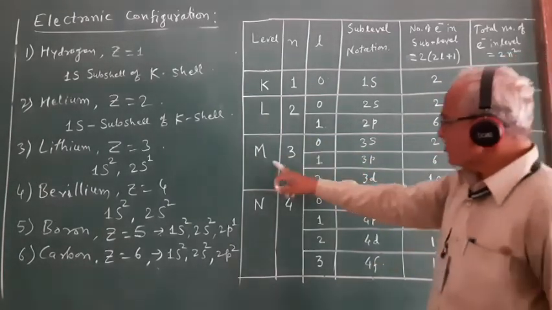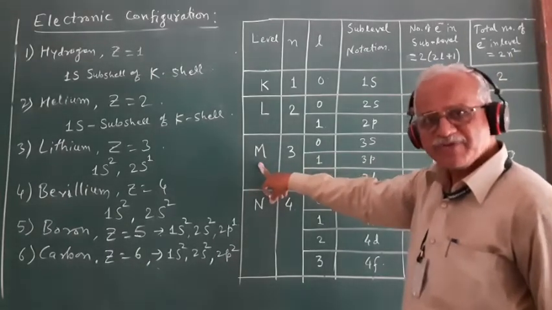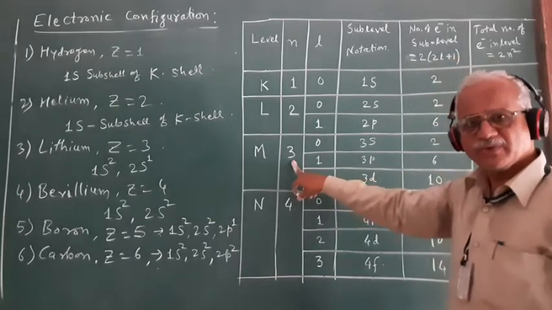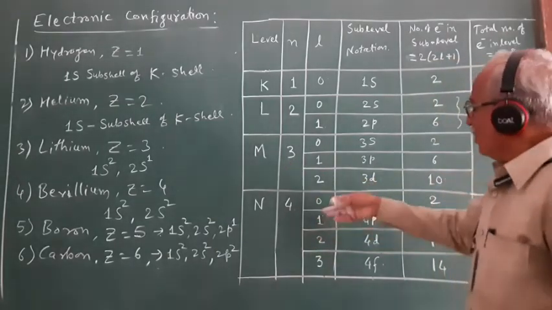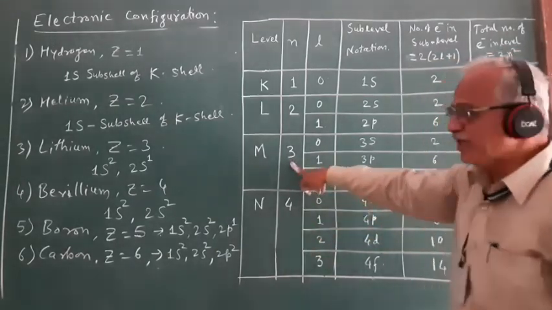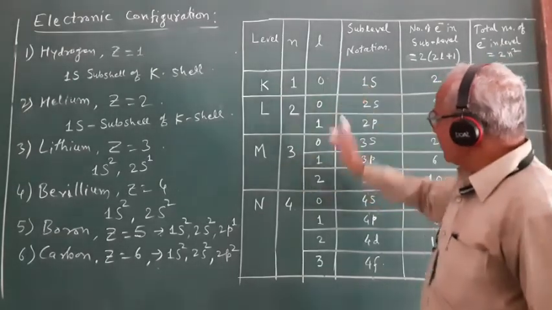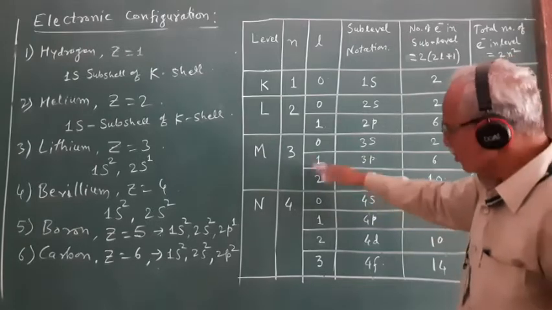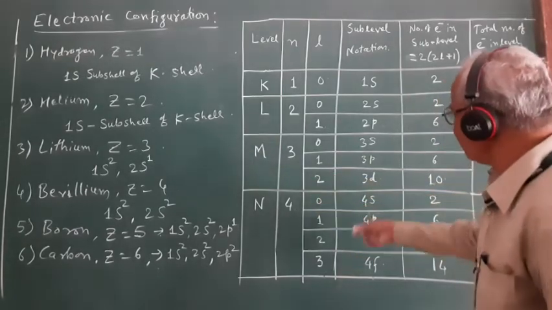Then the next shell is the M shell, for which the principal quantum number n is equal to 3. If n is equal to 3, l can take the values 0, 1, 2 only.